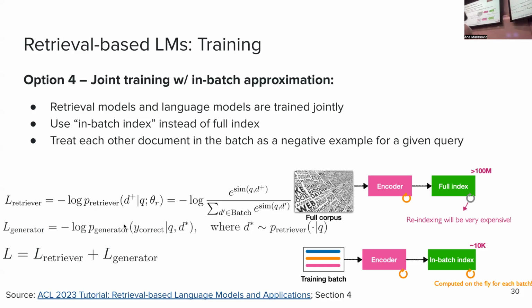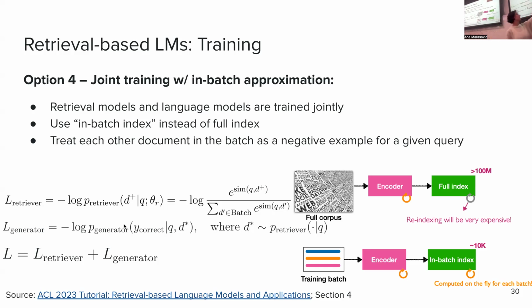in the last lecture. Here, for the generator loss, we are going to use our basically next token prediction loss. So we know what is the next token. Here, I'm writing it as I correct, but this is going to be multiple tokens, so you can imagine it's a sum of individual probabilities for each correct answer token. But what is important is that this document is sampled based on the retriever.